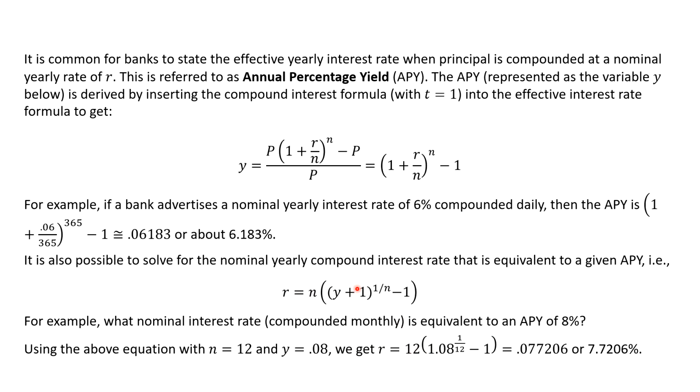So we plug that into this formula, and we see that if you had a rate of 7.7206 approximately compounded monthly, then over the course of a year that would be effectively 8%.